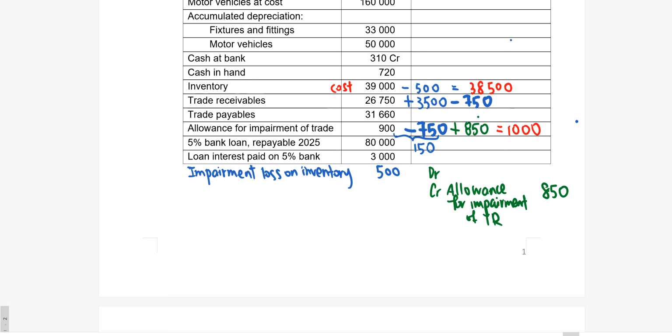Correct? This is what we have recorded just now to reflect the increase in my allowance. Hence, I would have to debit a loss, which is known as my impairment loss on TR, $850. So we have to create another account called impairment loss on trade receivables.